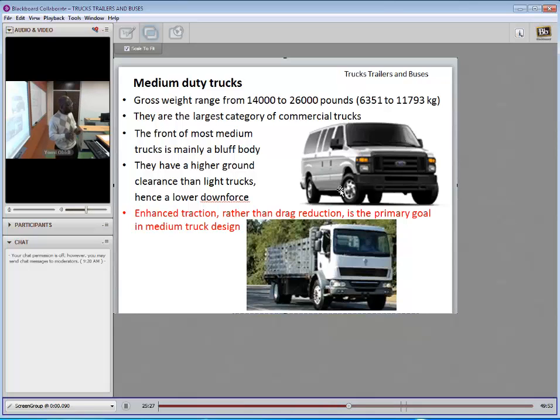Also, it's important to know that we've said that there is a lower downforce in medium trucks. That's true. But again, medium trucks weigh more than the light trucks. So their weight, the sheer weight on the ground in the downward direction may be a compensatory property of them to make up for their relatively lower downforce compared with light trucks.